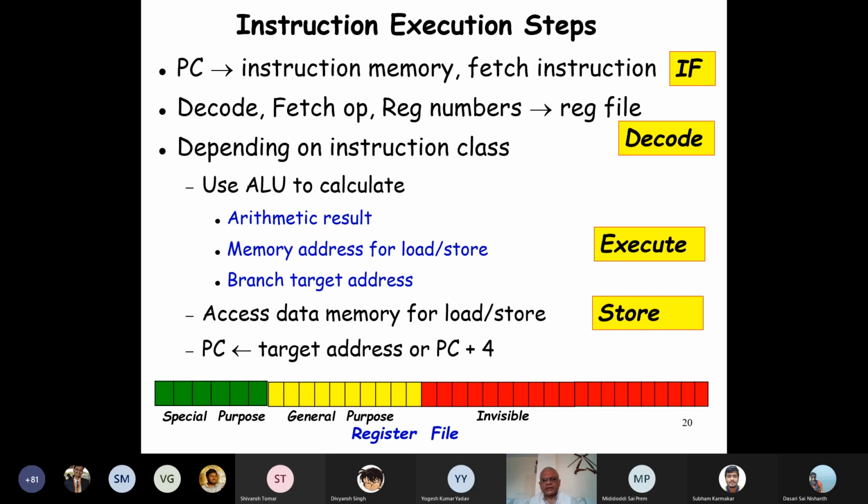So there are 4 main steps in instruction execution, a very fundamental thing. All instructions will have instruction fetch, decode, execute, and store. Do you agree with me that all instructions will have these 4 phases: instruction fetch, decode, execute, store? Do you agree with me?